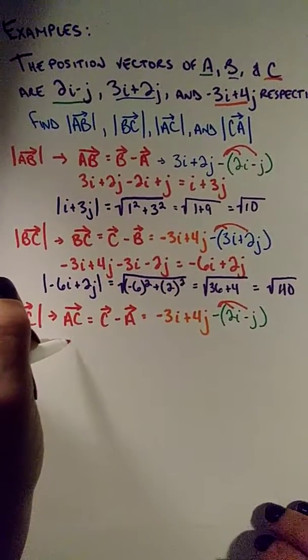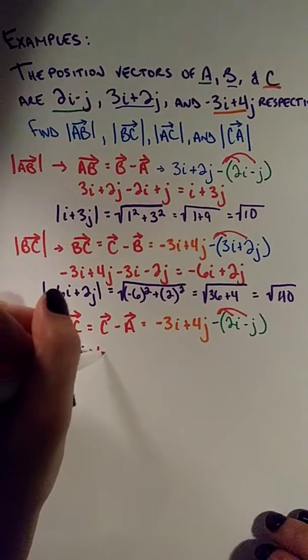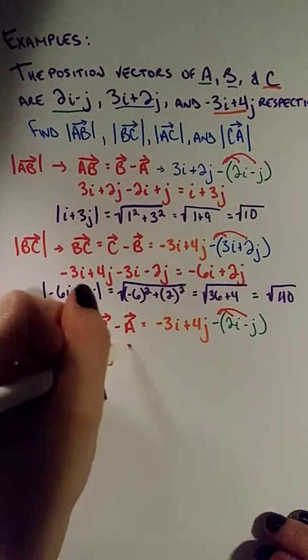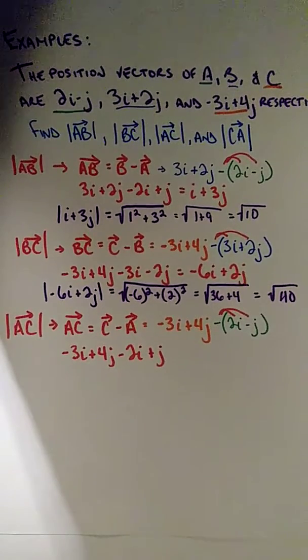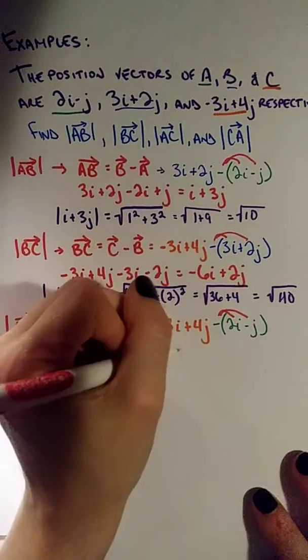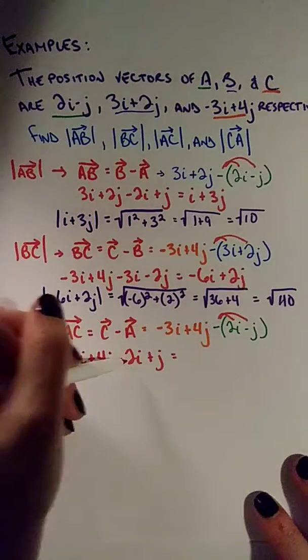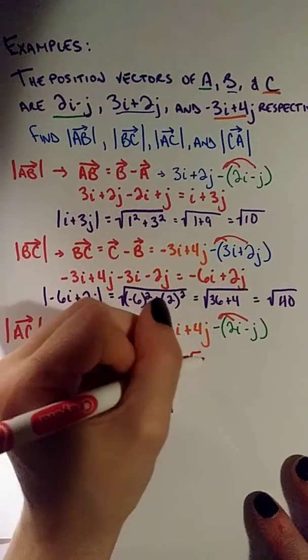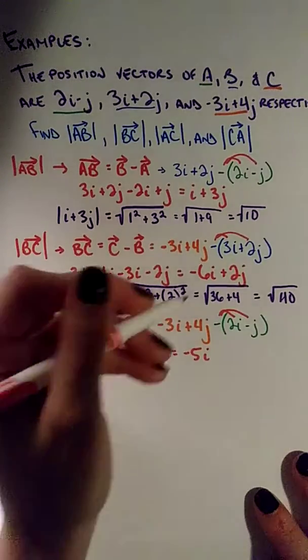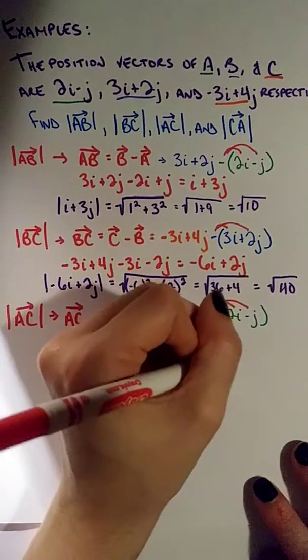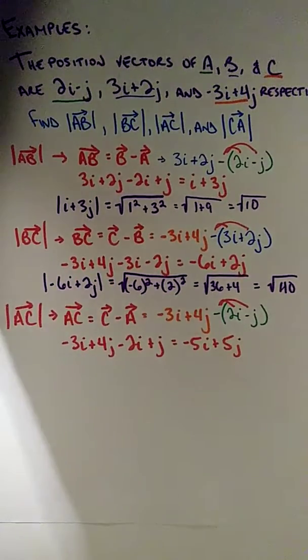So we have negative 3i plus 4j minus 2i plus j. I'm going to change those signs in there. Now let's go ahead and simplify this here. Negative 3i minus another 2i is negative 5i. And we have plus 4j plus another j, that's plus 5j.